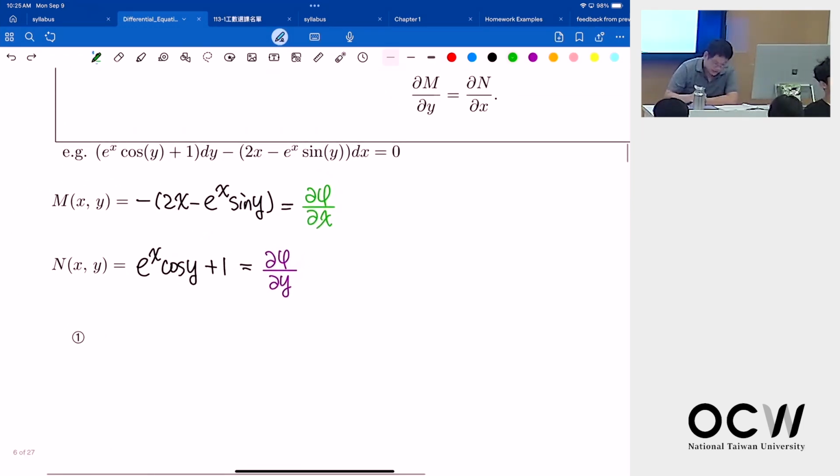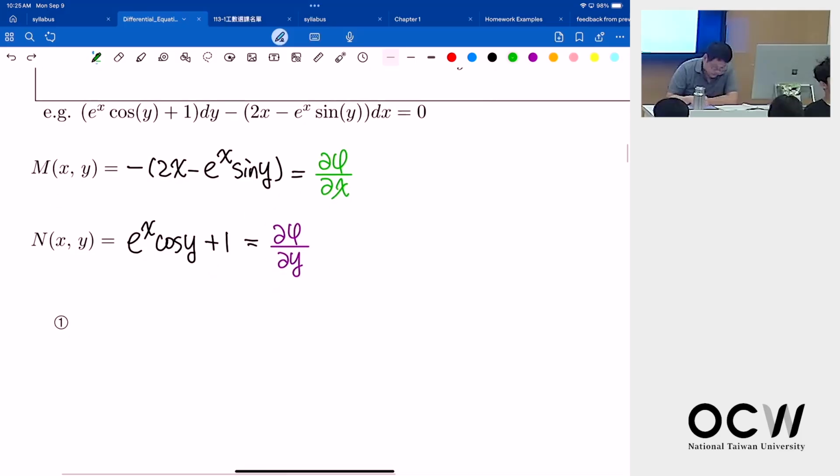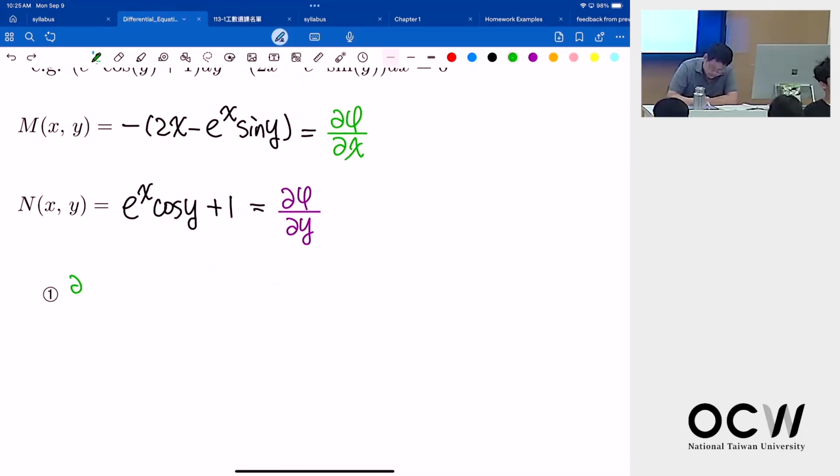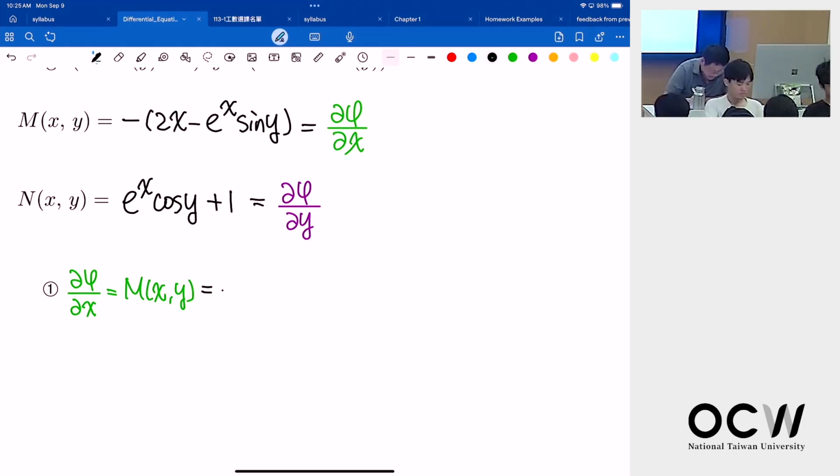So the M function, partial phi over partial x, we know this is M. Okay, so what is M? Here I have minus 2x minus e to the x sine y.